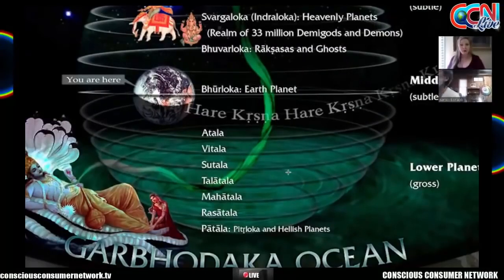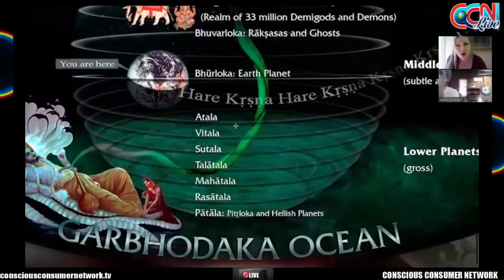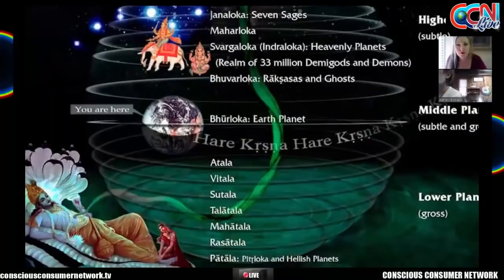It's much more limited than what we should have on our earth, although the creatures who come from Atala, Vitala and Sutala, and who pretend to be kind, loving aliens from other worlds, are actually controlling our planet so much that our level of bliss has been severely diminished. These planets are all swimming in their own cosmic waters, as the Earth is, and they are all planes equally as large as our Earth, and they are below our Earth.